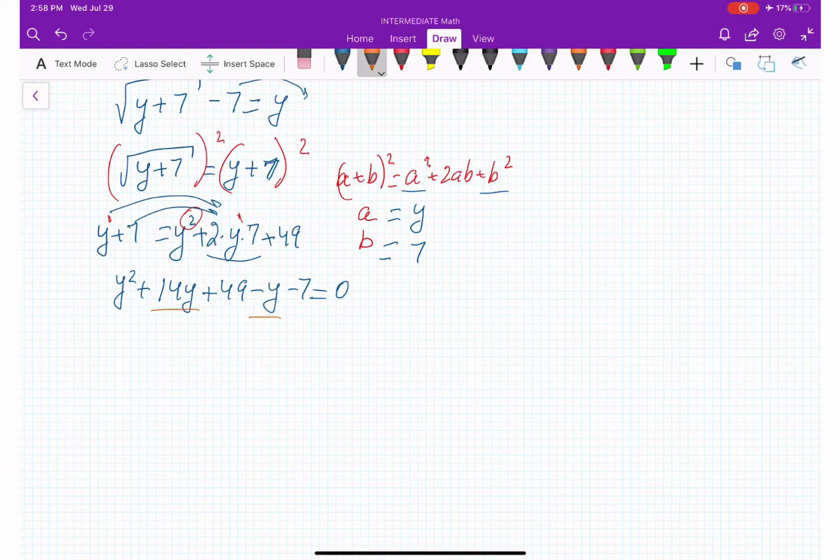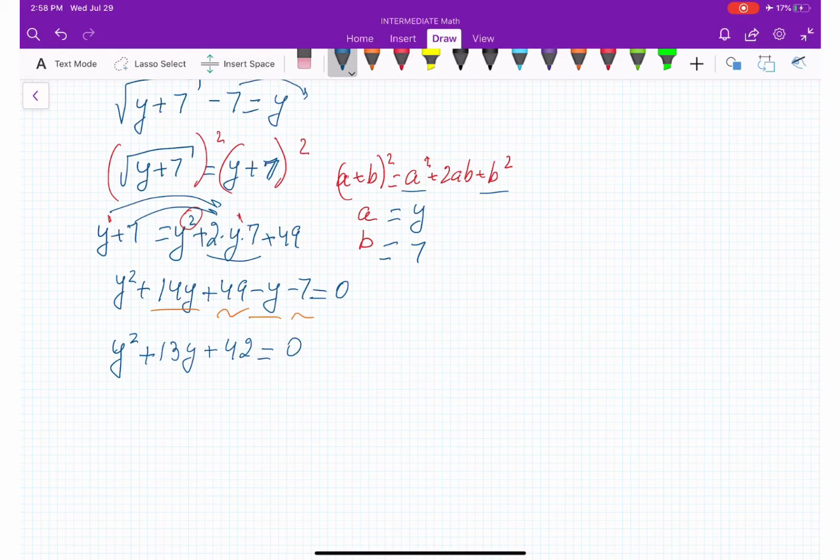14y negative y plus 49 negative 7. We are getting y squared. 14y minus y, it's going to be plus 13y. 49 minus 7, it's going to be plus 42, equal 0. I already see the answer.